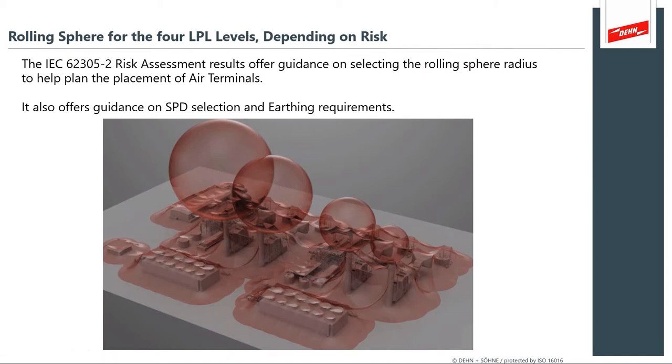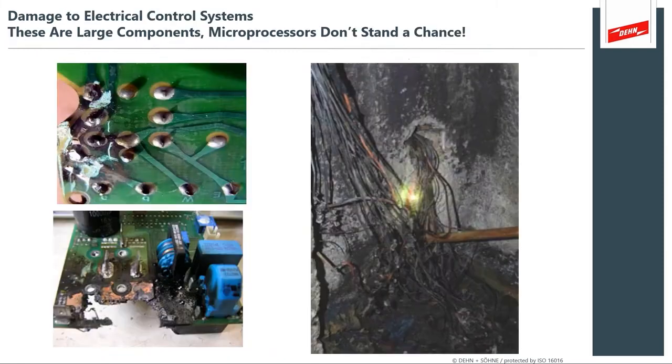The smaller lightning currents that we pay attention to in a more severe category have a smaller striking distance. That smaller step leader can get into the nooks and crannies. What's nice about this illustration is it shows you the less severe large rolling sphere and the more severe small rolling sphere. But this standard and the risk analysis also gives you great guidance on the selection of SPDs and earthing requirements. So again, the risk drives the mitigation and the selection of protection methods.